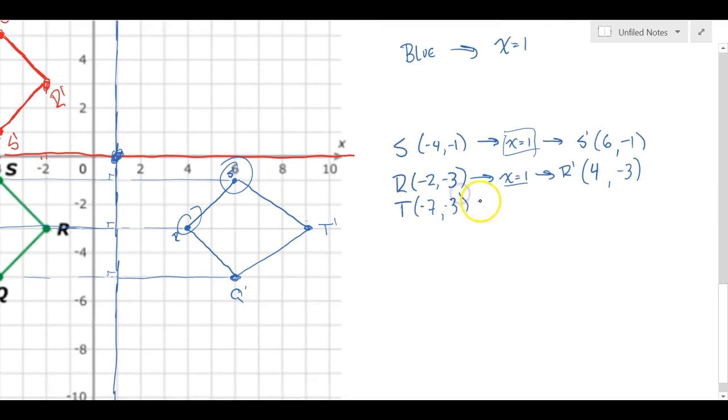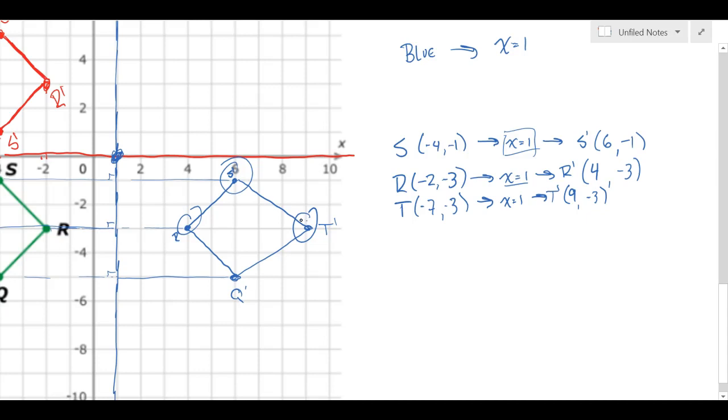Reflecting across x equals 1, which means I do not care about my y value, which is going to remain -3. -7 is 8 away from 1. Hopefully you're able to do that in your head. 1 minus -7 is 8. So then I say, all right, well, what is 8 to the other side of 1? Well, it is in fact 9, which is where this ended up.